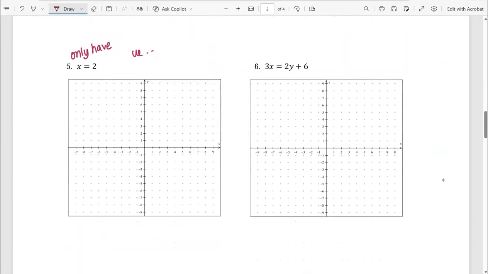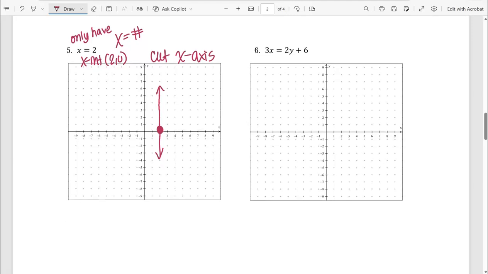However, if all I have is that x equaling some number, then what it is giving me is an x-intercept. At that number, x equals 2, and then I cut the x-axis at that value. So this time I'm going to cut the x-axis instead of the y. This is a case where my slope, my m, was undefined.